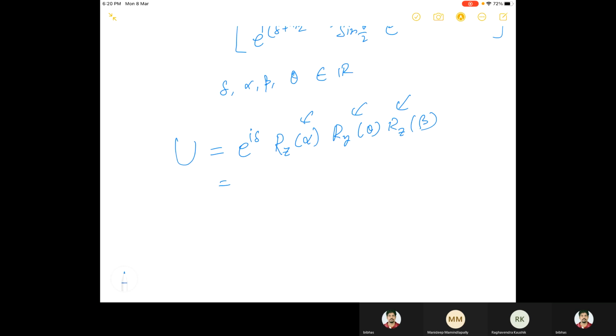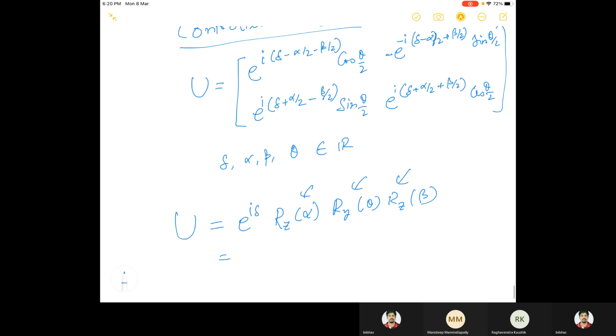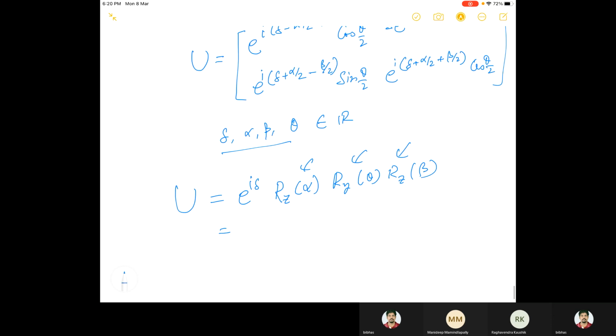Yeah, so what I'm saying here is any unitary matrix has this kind of parameterization. All 2 by 2 unitary matrices you can parameterize using these 4 parameters in this particular form. And this U can be written as e to the power i delta times the identity, so you can write it like this.